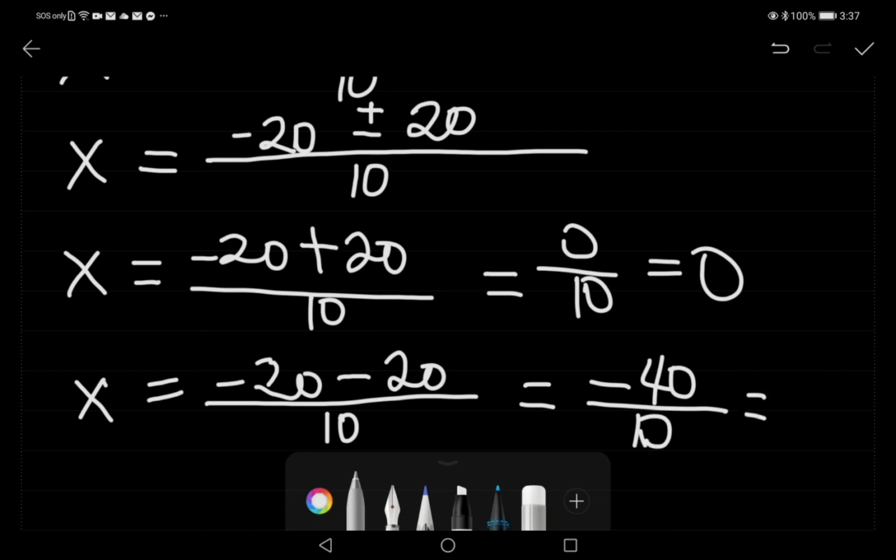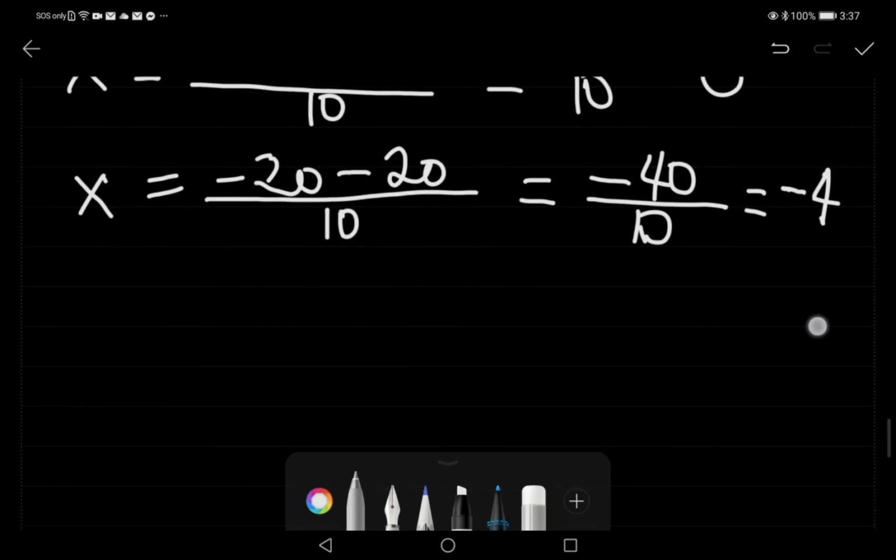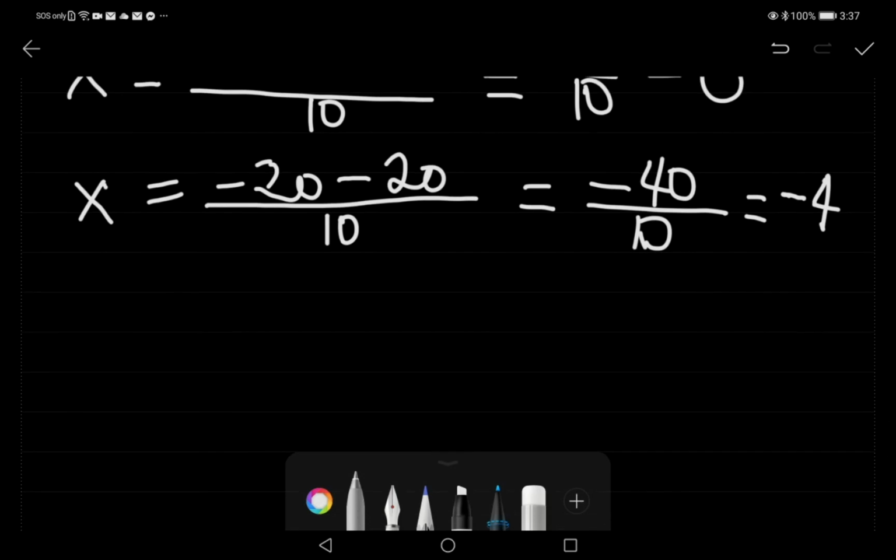So negative 40 over 10 is negative 4. So mao na atong gamiton 0 and negative 4. So maghimo ta og number line.